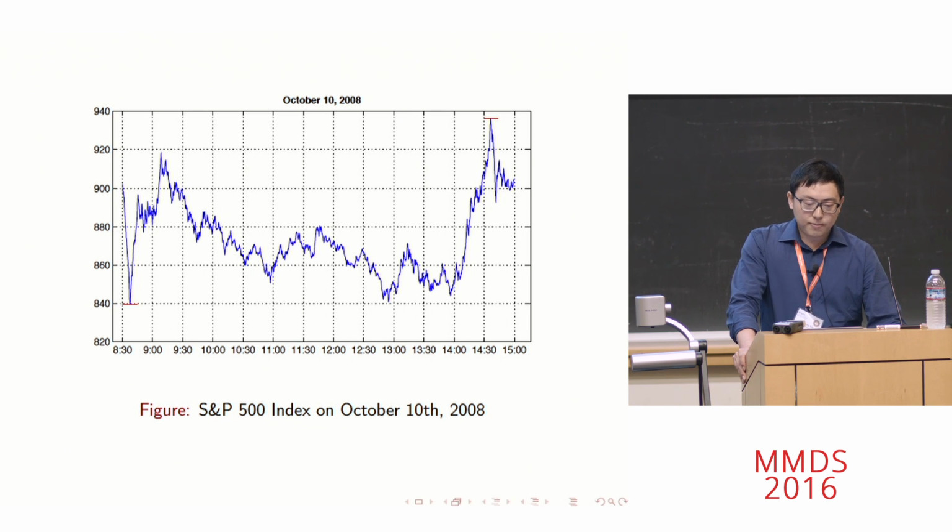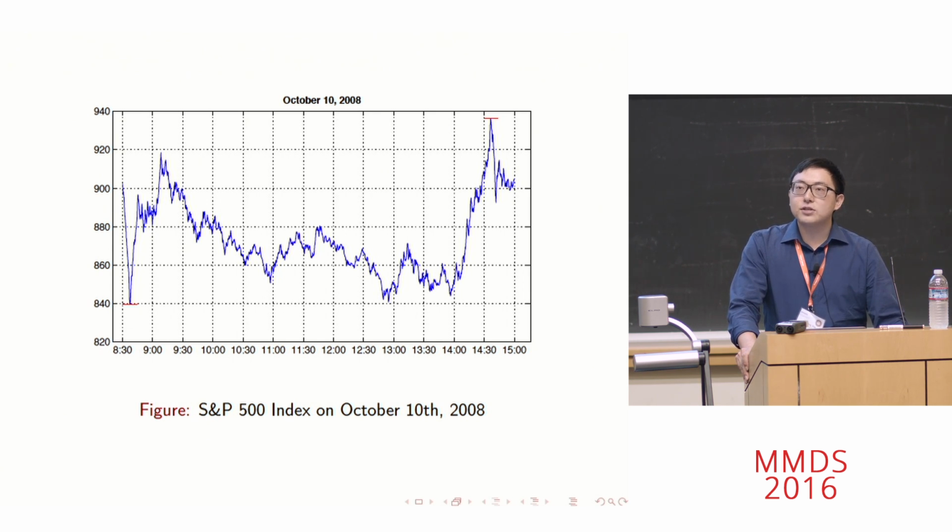As you can see, the index dropped at the beginning from 900 to 840 and increased to as high as 940, which is 10% within the day, and ended up around 900. If you use the daily return only, you end up with a daily return which is less than 1%, which is certainly an underestimate of the huge risk within this day.